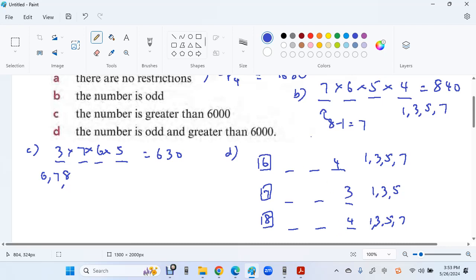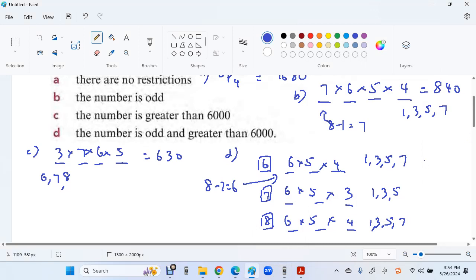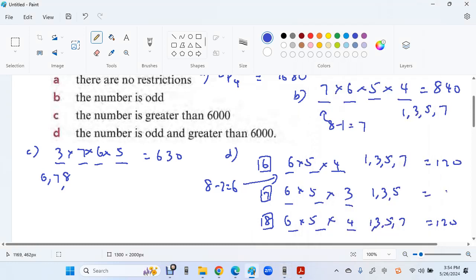So out of 8 we use 2, we have 6 left. So we have 6 times 5 times 4, then it's 120, times 3, it is 90. So for D here we have 120 plus 90 plus 120, 330.